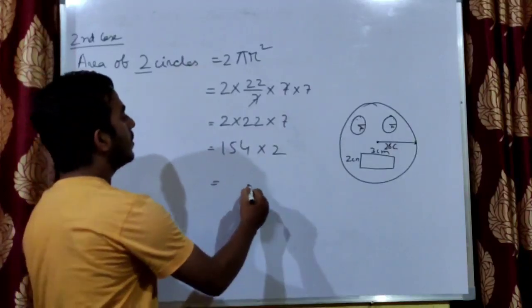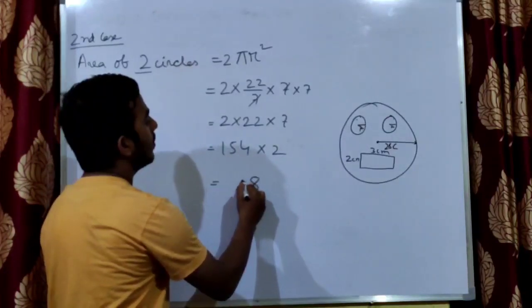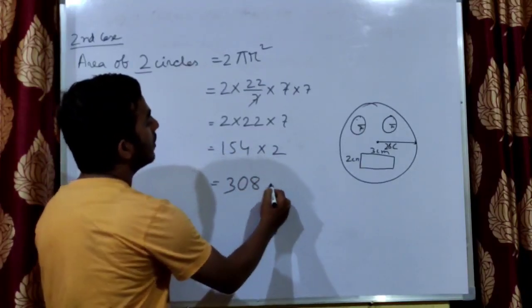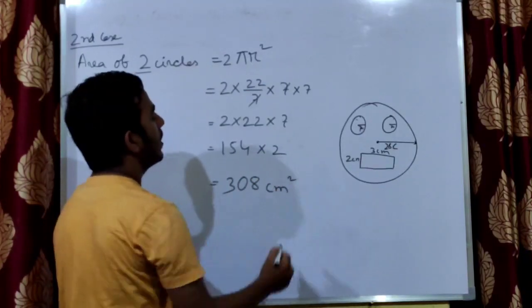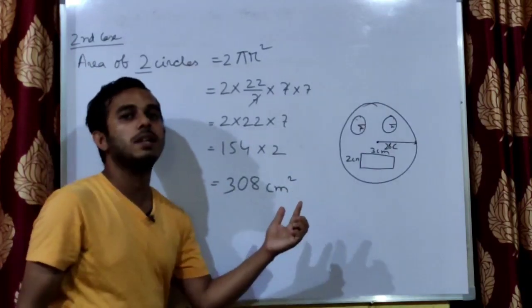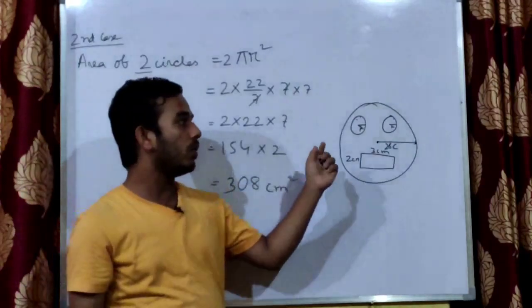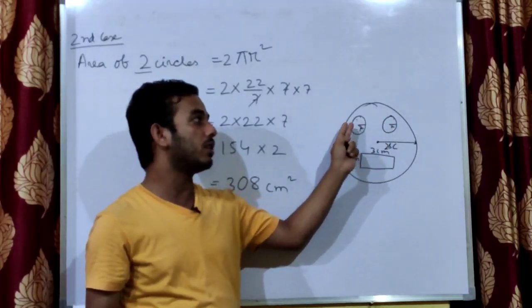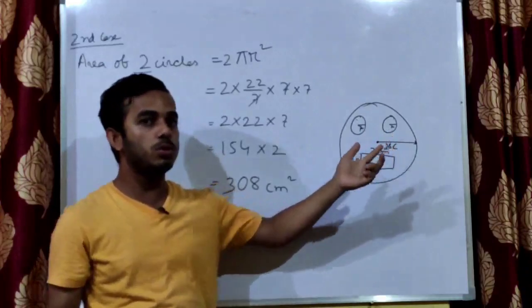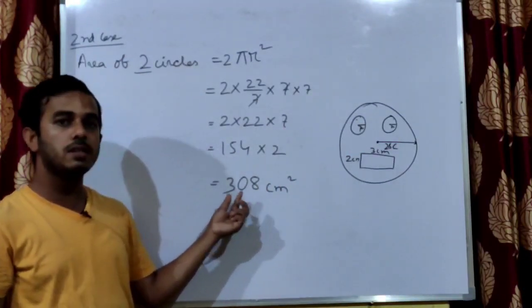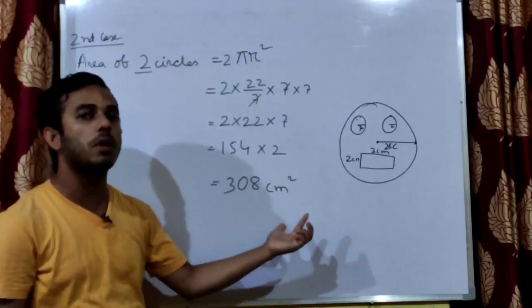The result is 308 centimeter square. It will also be centimeter square because it is area, right? So now we have found the area of these two small circles which we have removed from the sheet. Its area is 308 centimeter square.